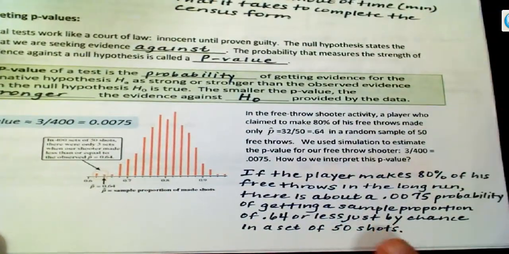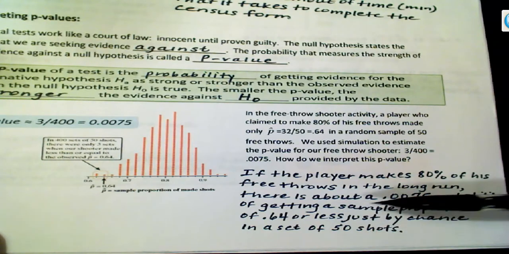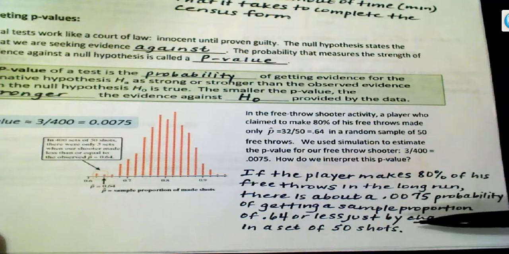The way you would interpret this p-value is: if the player makes 80% of his free throws in the long run, so that's what the null hypothesis is saying, over and over and over, in many samples, there's about a 0.0075 probability of getting a sample proportion of 0.64 or less just by chance in a set of 50 shots. Okay, so that's what that p-value says.